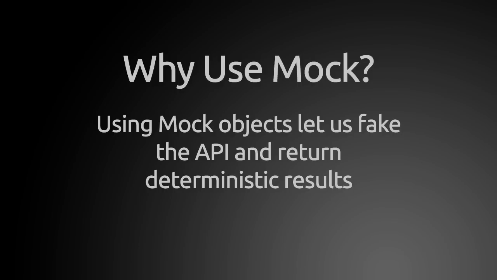The problem with that is that if you've got a bug in your production code, you've very likely got the same bug in your re-implementation of it in your test. It's not a very useful test then. So using mock objects, we can fake out parts of the external API, and we can return deterministic results and have pre-processed known good results to compare against.